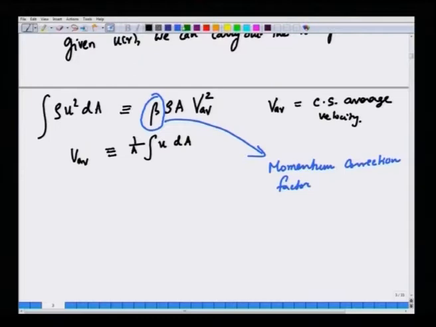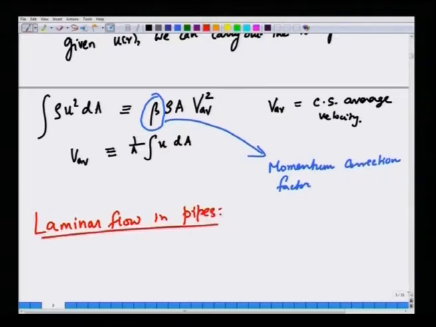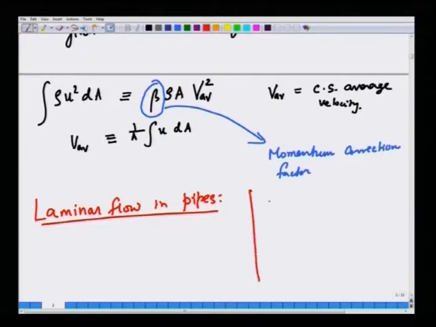Now, let me just do this for two cases. One is laminar flow in tubes or pipes, and the other is turbulent flow in pipes. Now, first of all, I have to tell you what laminar and turbulent flows are.